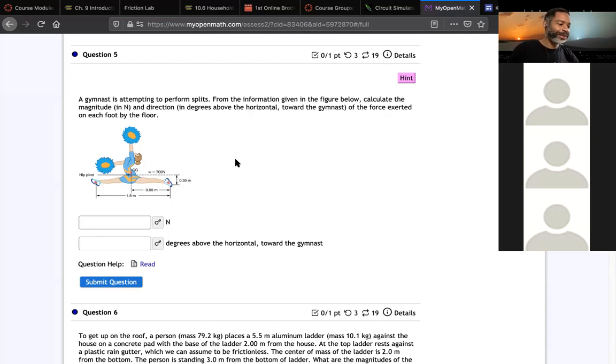Okay, so for this one, you kind of have to draw a free body diagram, but it isn't clear how you draw it, and the little illustration that they have is kind of misleading. To me, it looked from the illustration as though the forces should be pointing horizontally, but that's not the case at all. So here, let's draw how it's supposed to be.